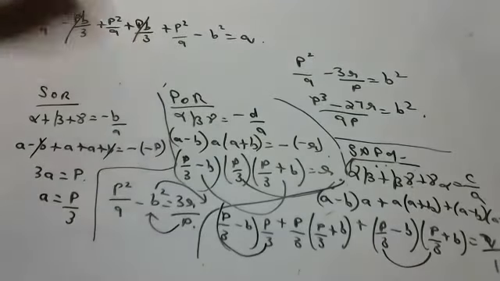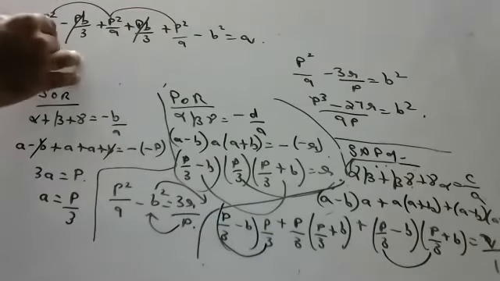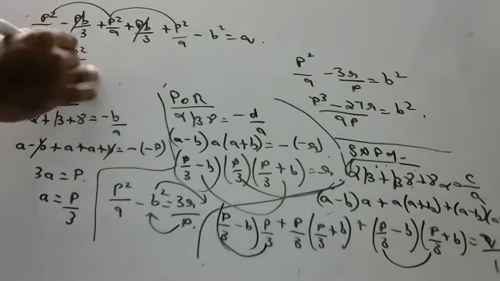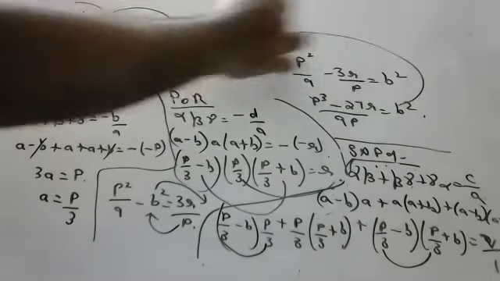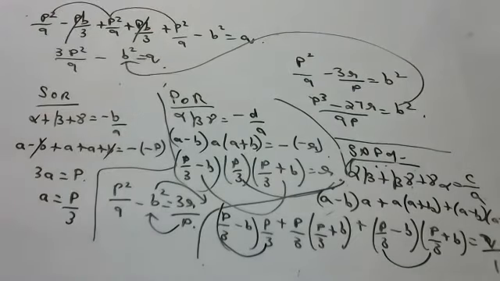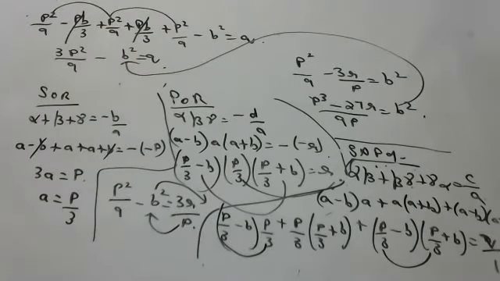This and this have gone, children. p square by 9, p square by 9, p square by 9 is 3p square by 9, so 3p square by 9 minus b square is equal to q. Children, b square, everything we should put here. If you put it over, the sum is over. Please copy this part and this part so that I can rub it. Then the sum will be over. Please see, children.